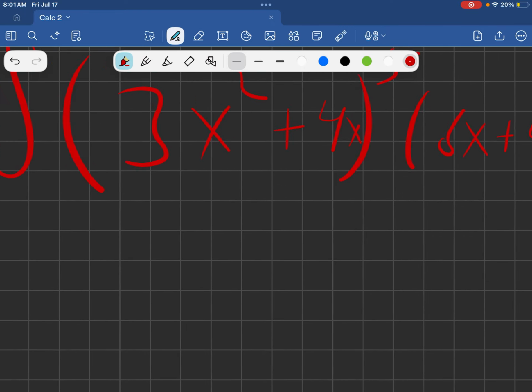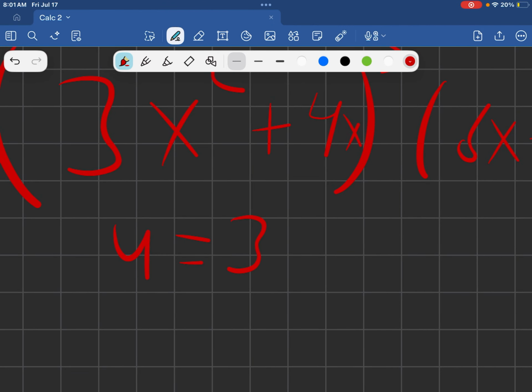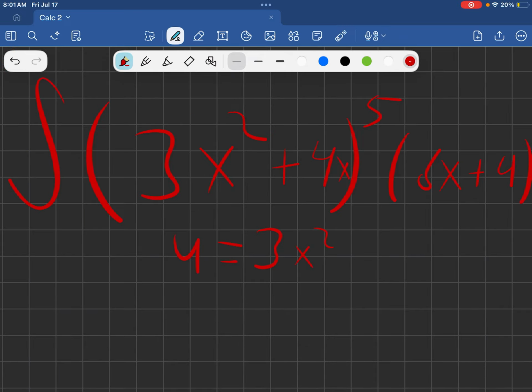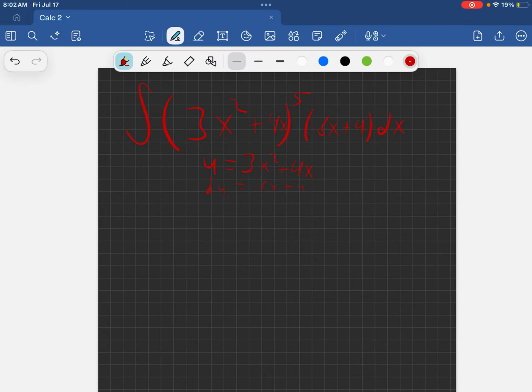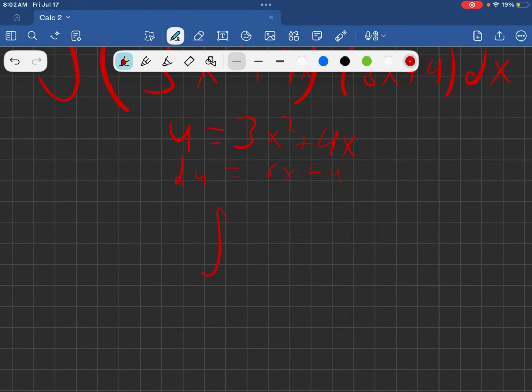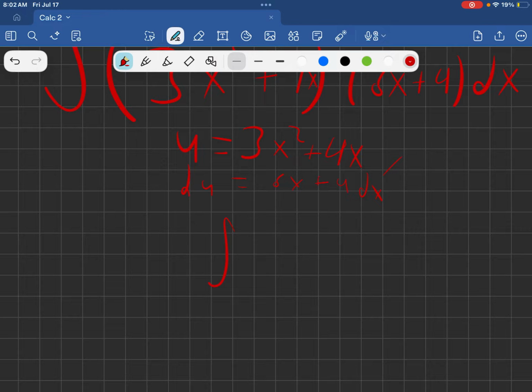So if you set this first part equal to u, kind of do these easier ones in your head, du is going to be equal to 6x plus 4, and you do this derivative. It actually has a dx on the end. Can't forget that.